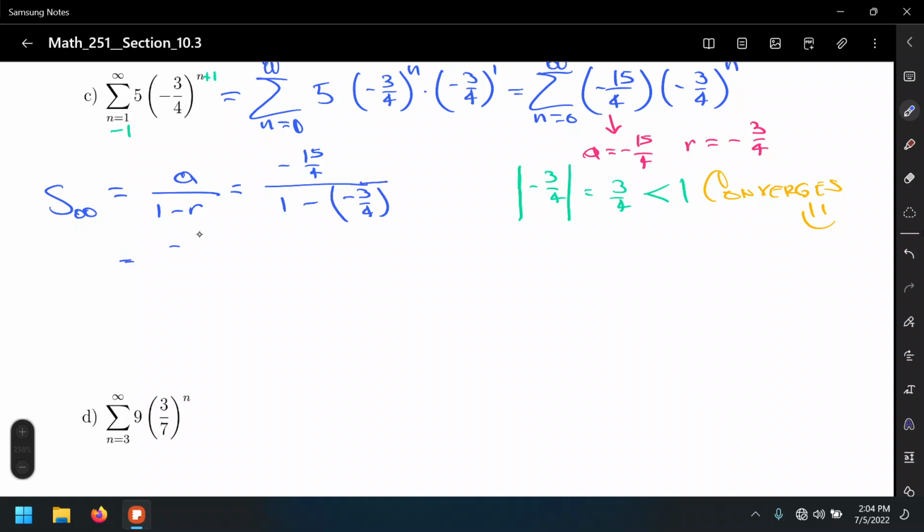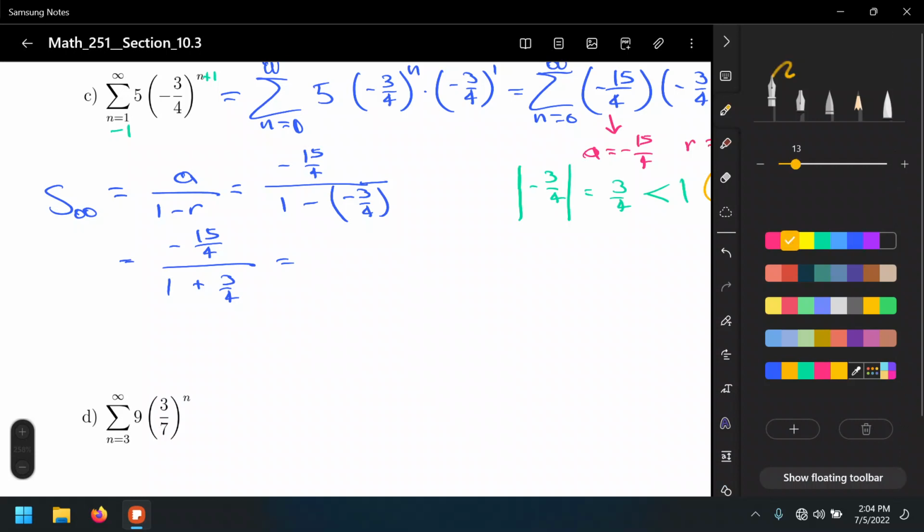So, negative 15 over 4. And in this case, minus minus will turn into a plus. That's a 1 plus 3/4. That's essentially saying 4 over 4 plus 3/4, so we can combine the fractions together. 4 plus 3 is 7.